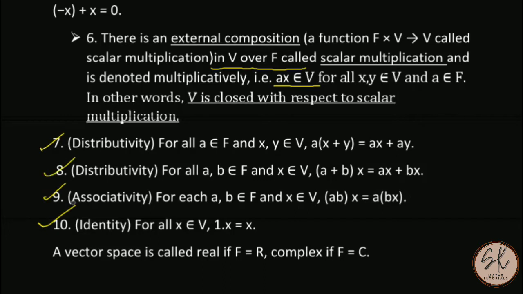These are the left and right distributive laws, associativity, and the identity law over scalar multiplication. So if these 10 properties are satisfied, then the set V is said to be a vector space over F.